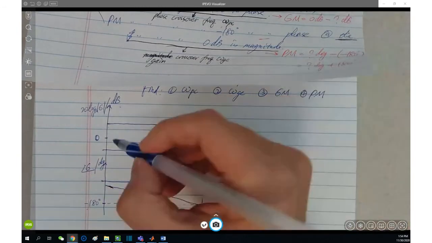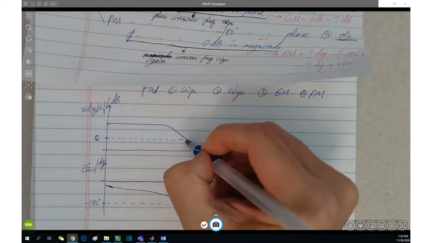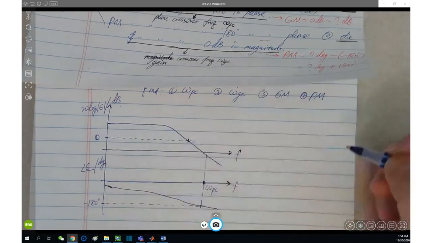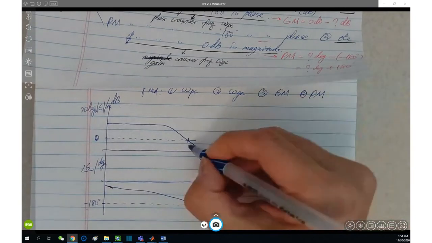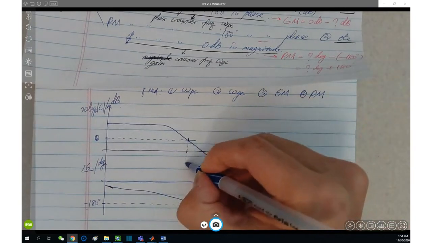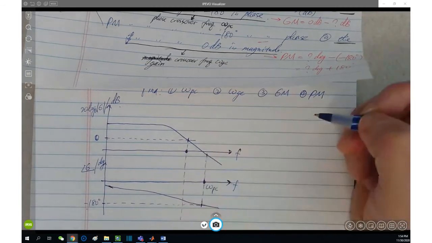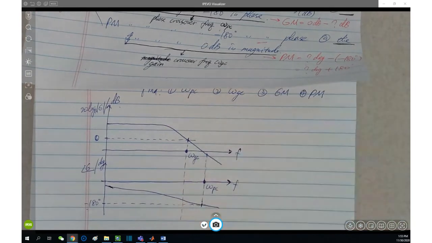So my 0 is assumed to be here, and then what you want to do is go from 0 dB to the intersection with the magnitude Bode plot, and then you go down to locate this frequency along the x-axis, omega GC. Does it make sense?